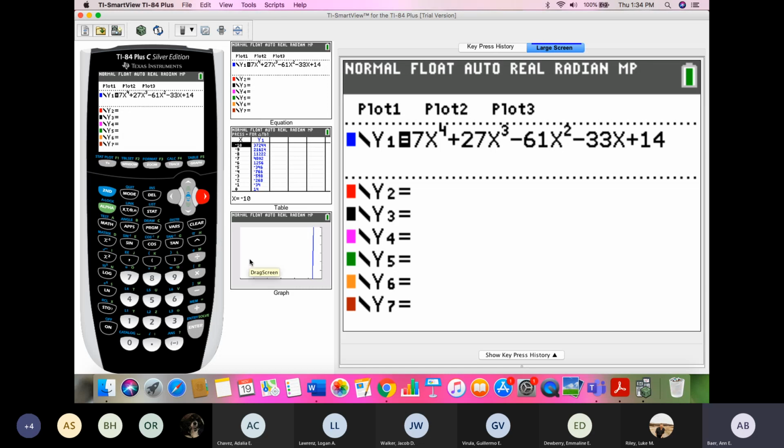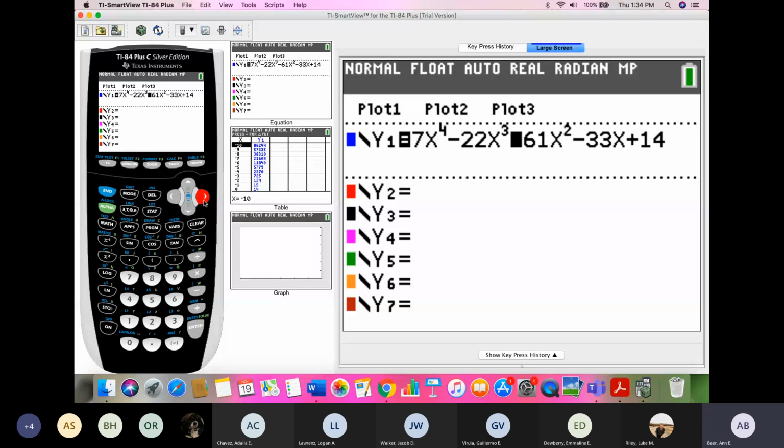So 7x to the 4th is good. I want to change that to a minus sign. I want this to be 22x cubed. And then I want to move along just by hitting the right arrow key.